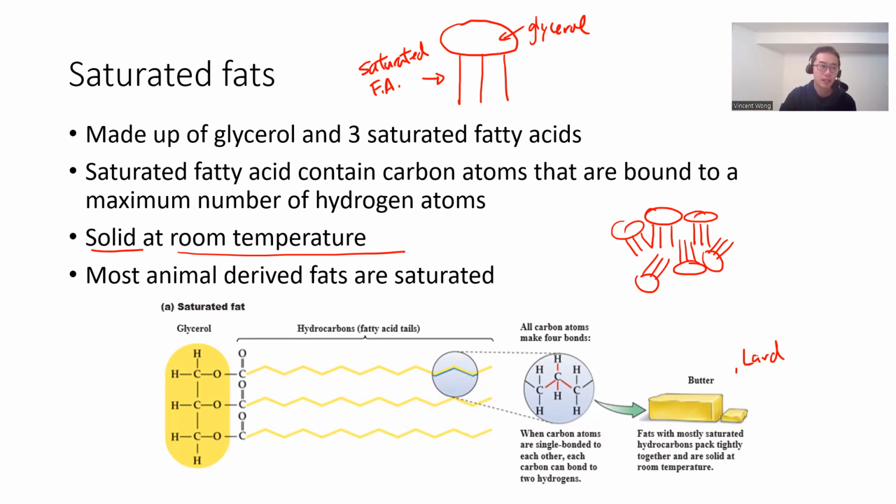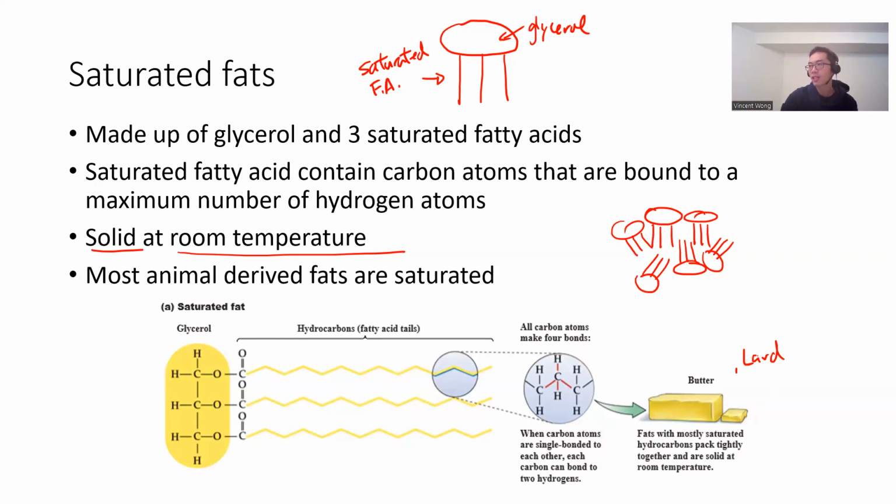Cardiovascular diseases. So you would want to avoid saturated fat in your diet. But sometimes if you want to put butter on your toast, then you've got to put butter on your toast, right? Like you don't necessarily think about these things.